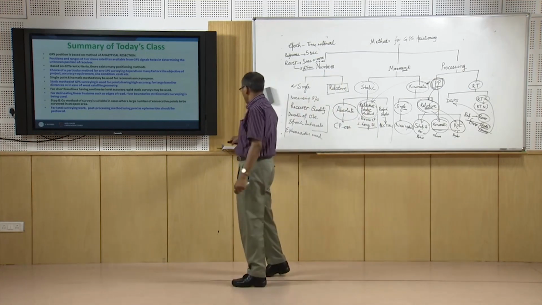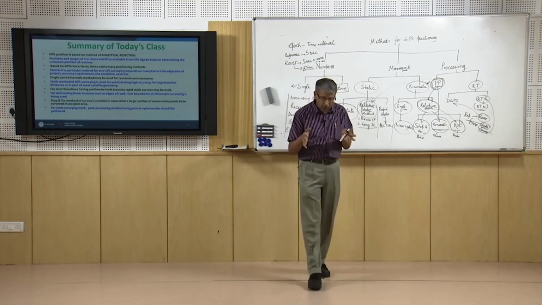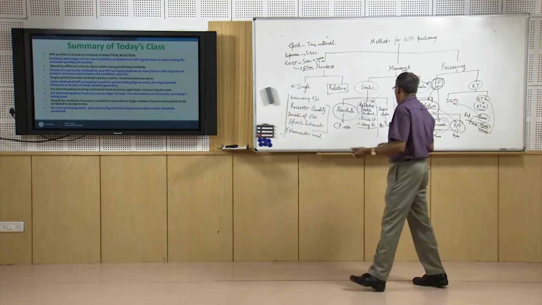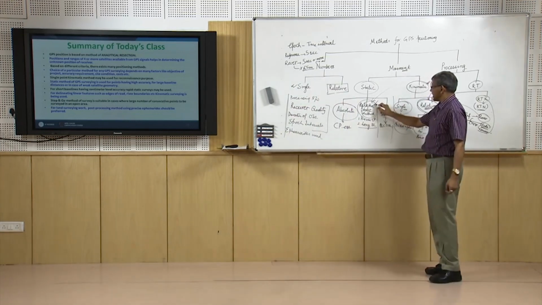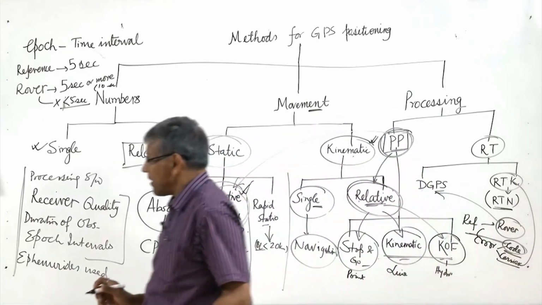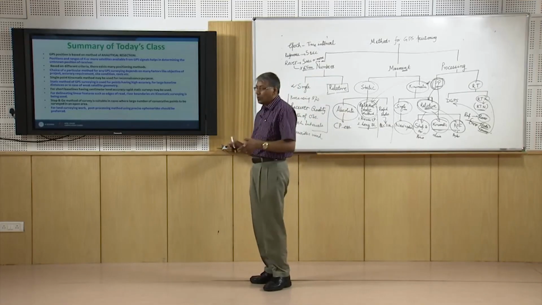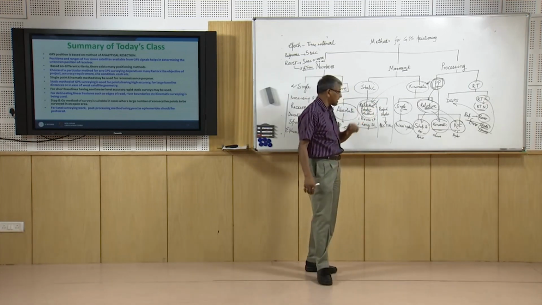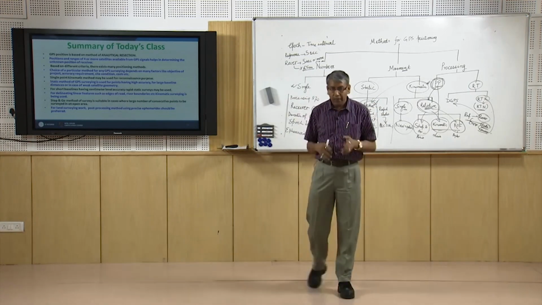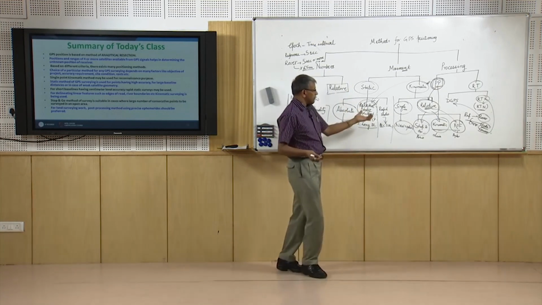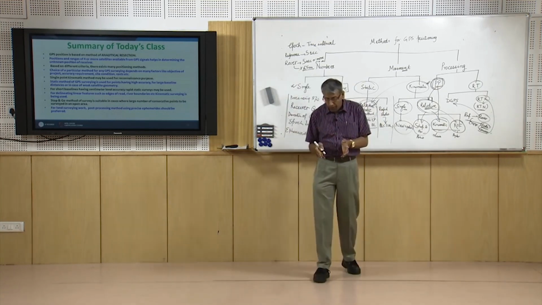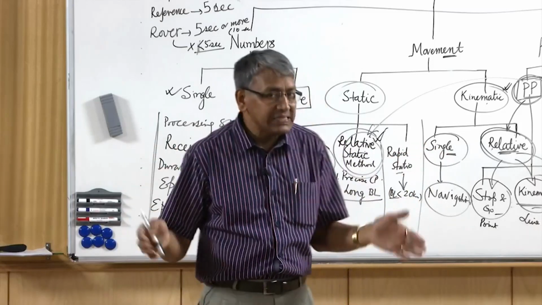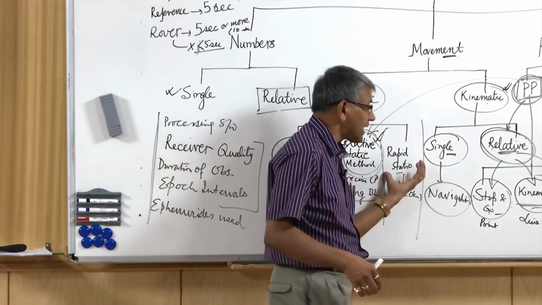To establish our control points, we should go for the relative static method, and if we want to set up a long baseline, we will also go for the relative static method. But if we want to establish lower order control points or smaller baselines, we will go for the rapid static method.